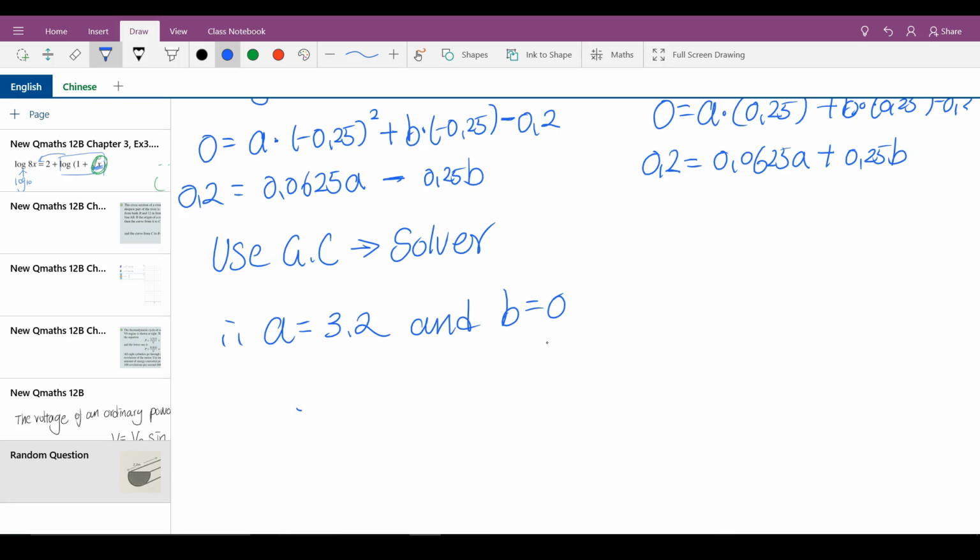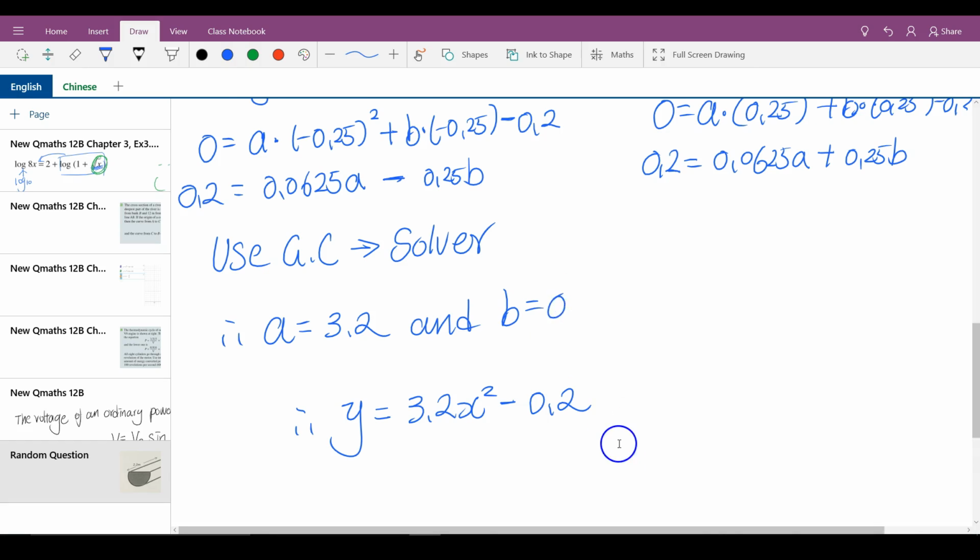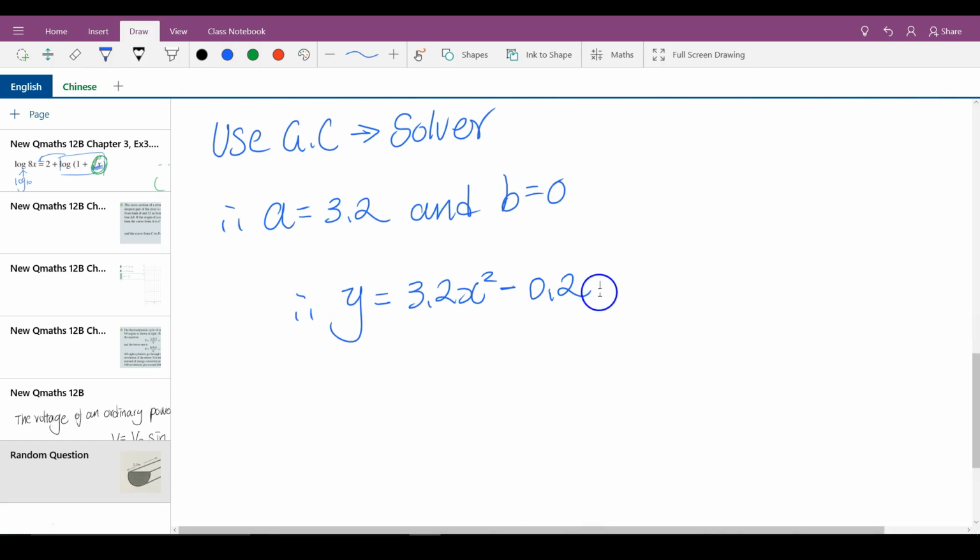So therefore, the parabolic function of the cross-sectional area would be y equals 3.2x squared minus 0.2.